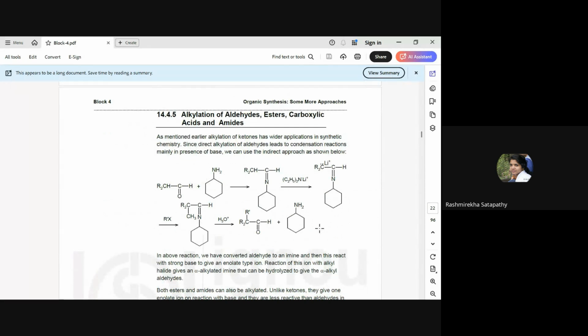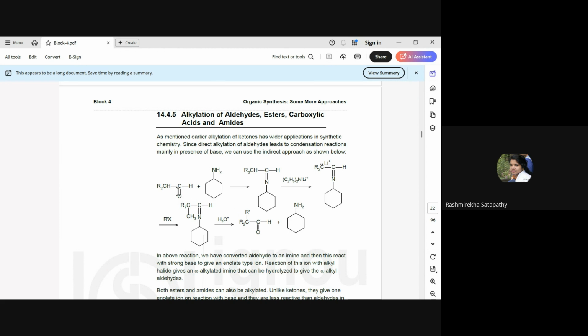Alkylation of the aldehydes, esters, carboxylic acids, and amides. As mentioned earlier, alkylation of ketone has wider applications in synthetic chemistry, since direct alkylation of aldehydes leads mainly to condensation reactions in the presence of base. We can use the indirect approach as shown below. Aldehyde plus amine.